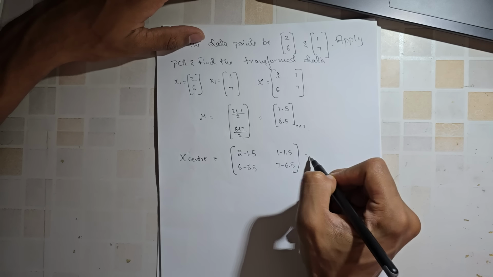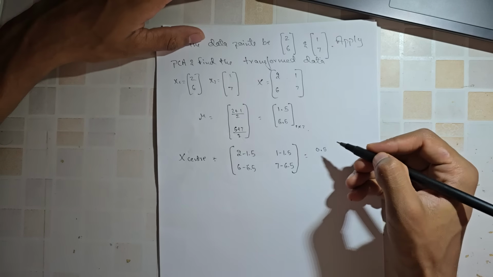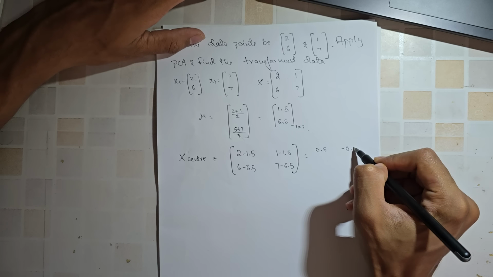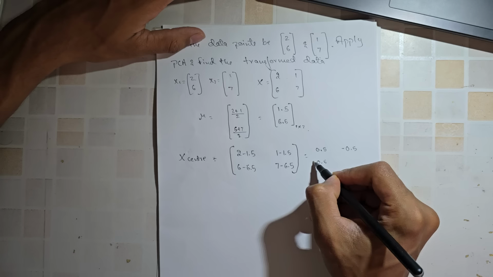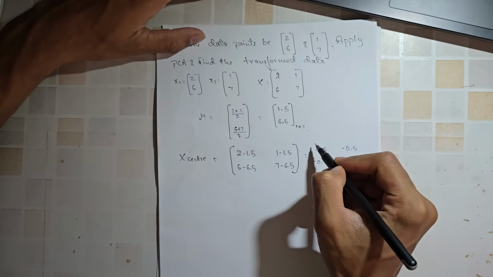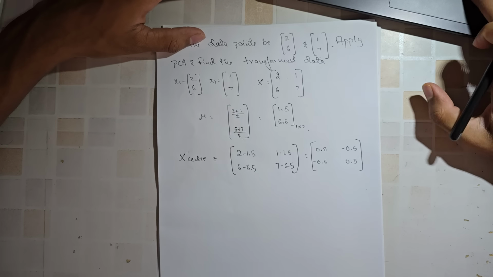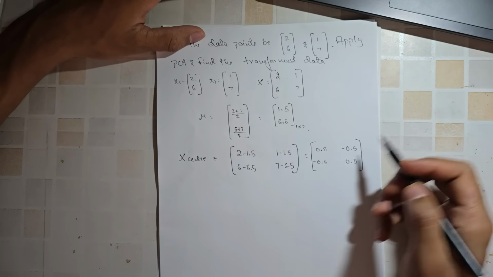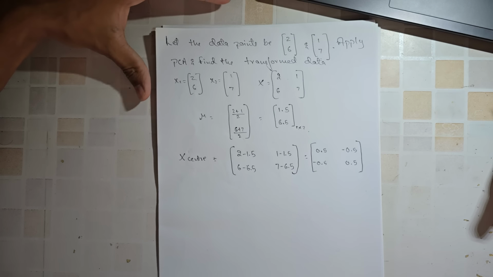Okay, what it will be? 2 minus 1.5 is positive 0.5, 1 minus 1.5 is minus 0.5, 6 minus 6.5 is minus 0.5, and 7 minus 6.5 is positive 0.5. So you got the x center matrix. See, this diagonal is negative, this diagonal is positive.